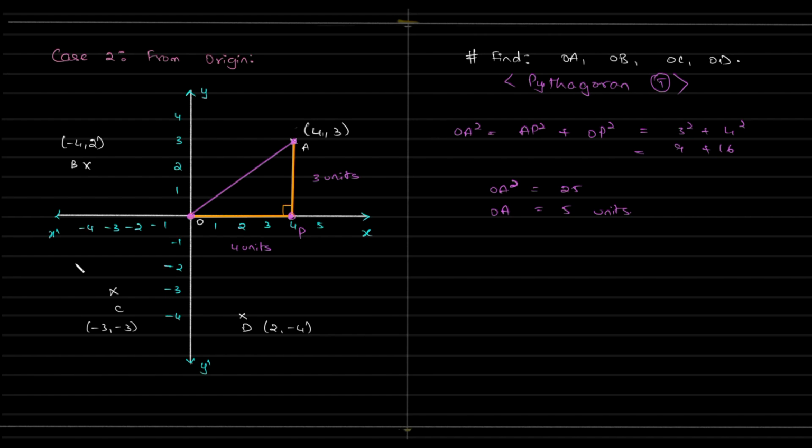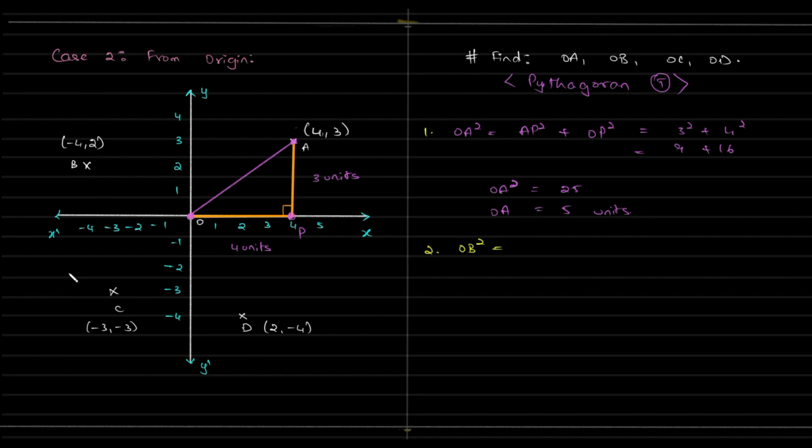So here again, we wrote the coordinates. We learned the basic idea. Now we have to start looking at the pattern so that we do it fast. So we need to find OB. So let's think about it. This is 4, 2, and this is from the origin. So here for 4, 3, we did 3 square plus 4 square, I mean the square of it, and we took a square root and we got the final answer.